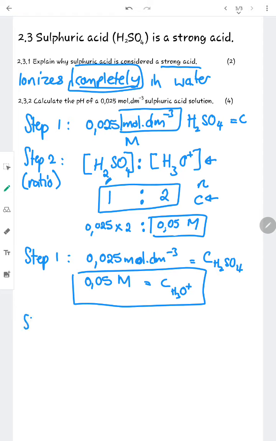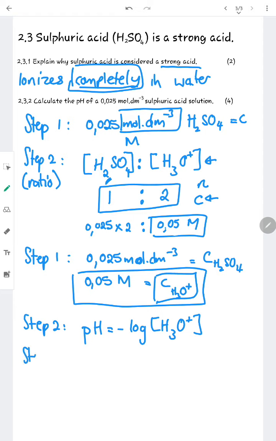So I go to step 2 now, because remember the idea here is to look for a formula. Now with the formula that I have, if I've got a concentration of hydronium ions, this is the formula that looks at concentration of hydronium ions. There we go. And now I can do step 3, which is substitution. So pH.